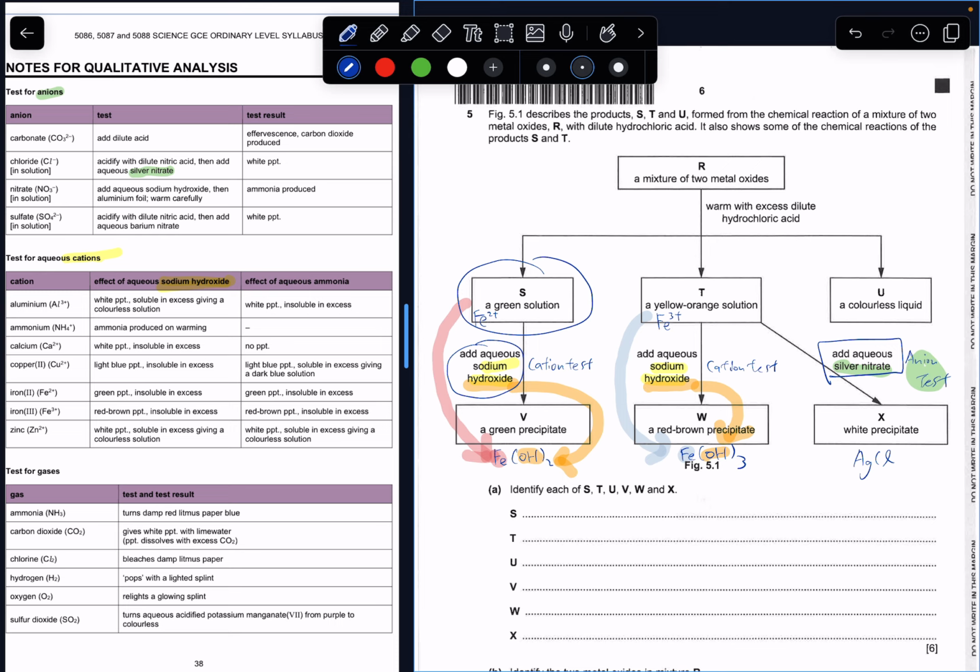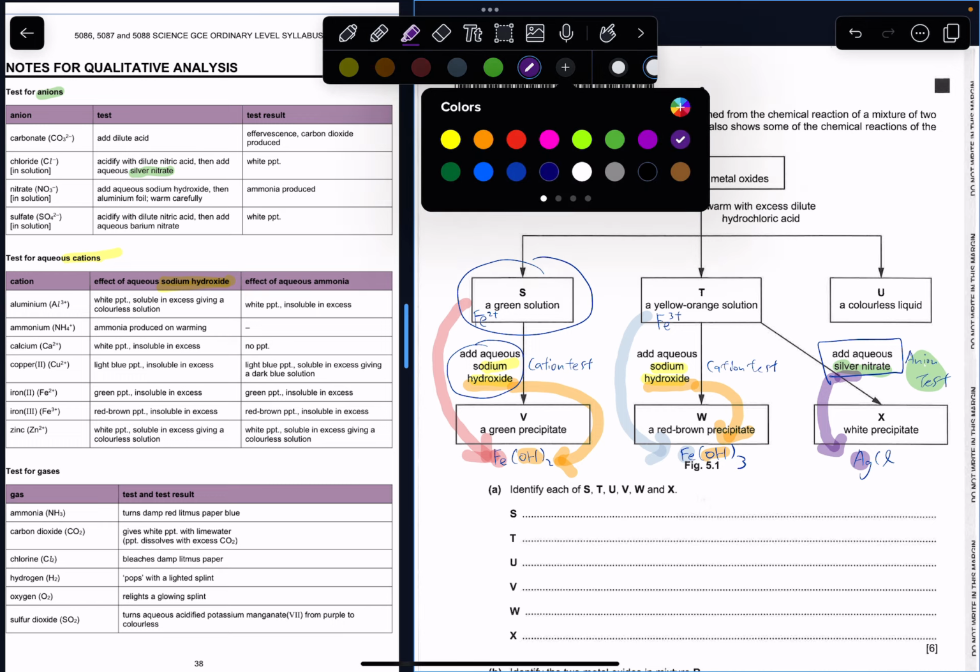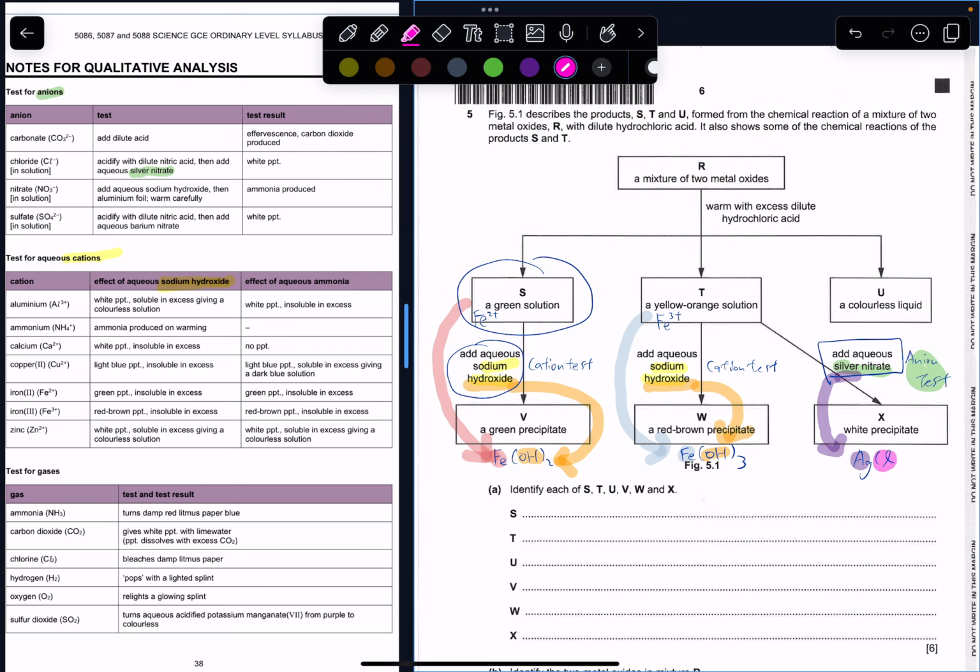Then where does the silver come from? It must come from somewhere, right? The silver comes from the silver nitrate. And where do you think the chloride comes from? So it's T plus that gives you X. I ran out of colors. Let's have another color. So this chloride would have come from here.